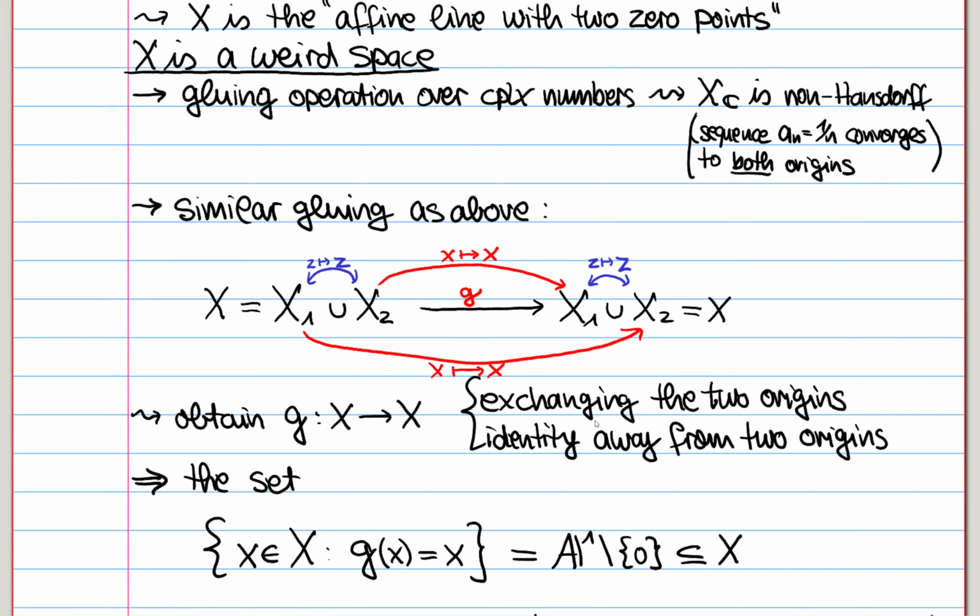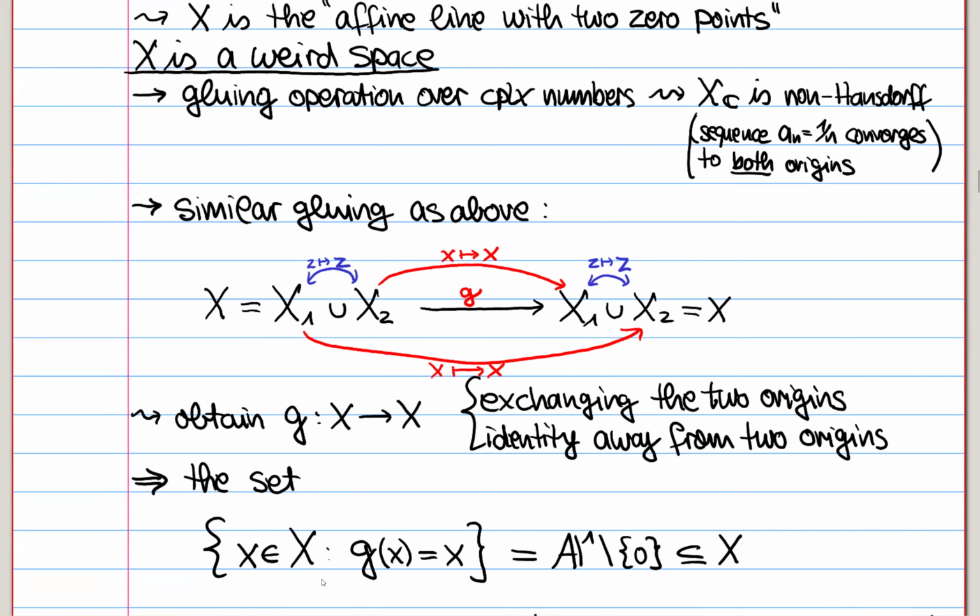And this means that the set of x in X such that g of x gives back x is always satisfied away from the origin, but for the origins themselves, it's not satisfied. So this is given by A1 minus the origin inside X. We can take either of the two A1 minus the origins, in X1 or X2, it doesn't matter.